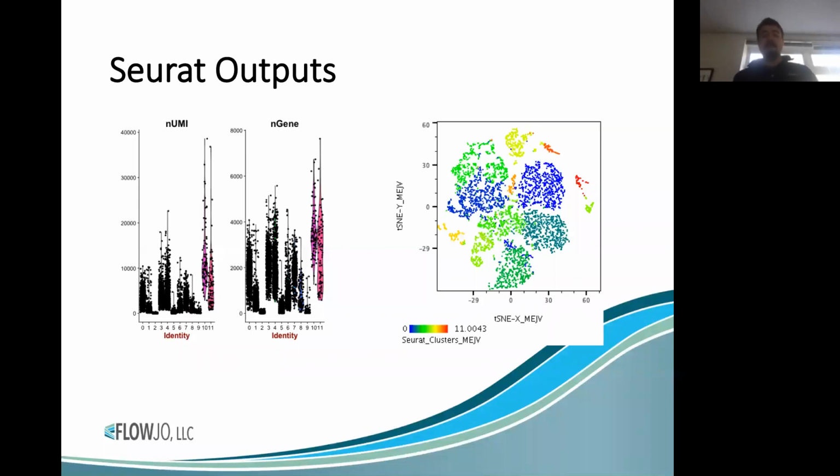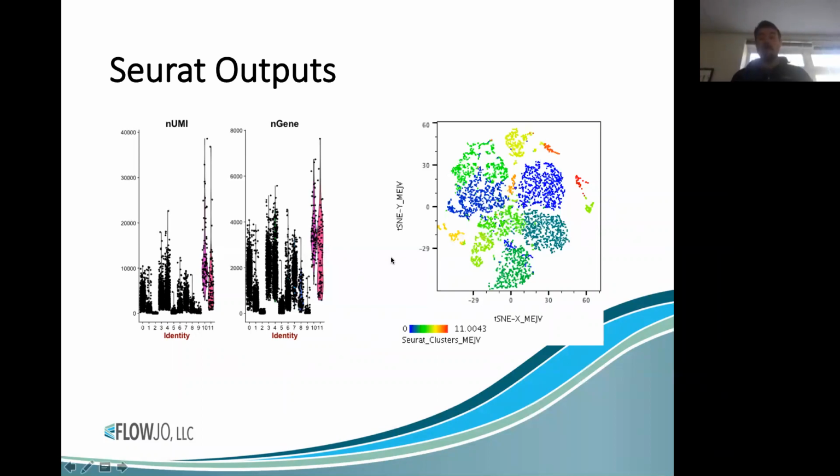We get quality control plots here on the left, showing violin plots indicating the coverage of expression for each of the clusters identified. On the right, we see that the Seurat pipeline has developed tSNE-X and tSNE-Y parameters as well as these graph-based clusters. And again, that's the unbiased clustering that we're referring to in this case.